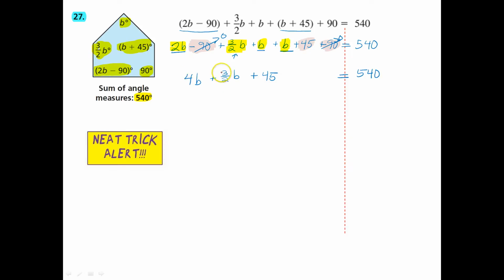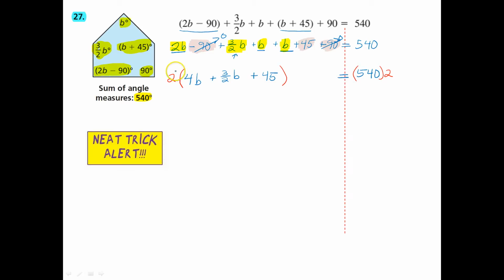But I can't just multiply one thing by 2. I would have to multiply everything by 2, because the multiplication property of equality says you can multiply both sides of an equation by the same number and you get an equivalent equation.